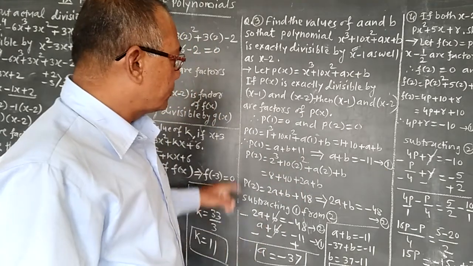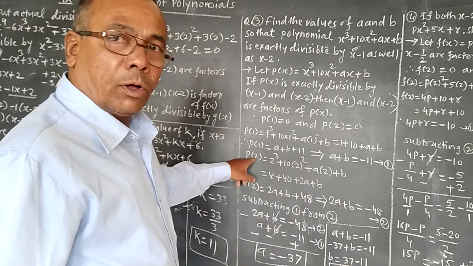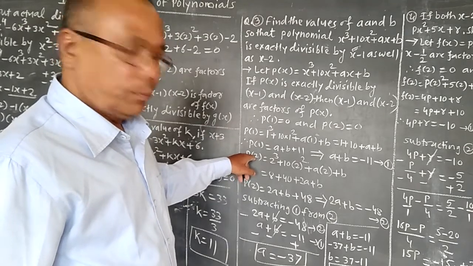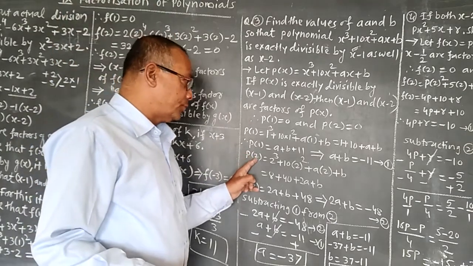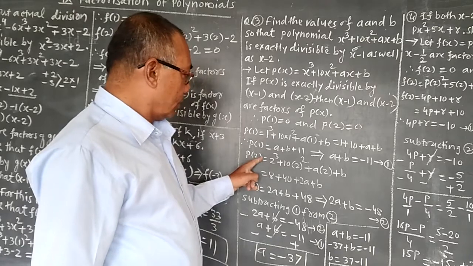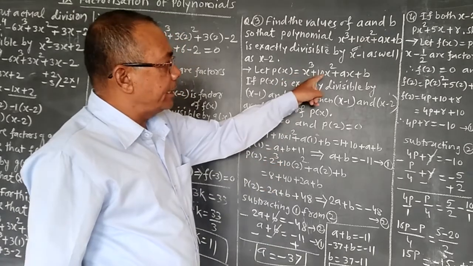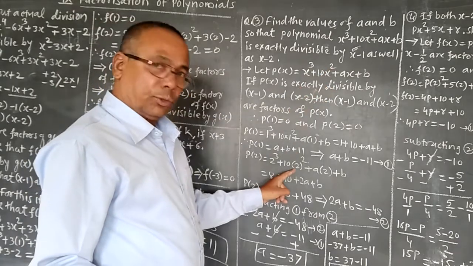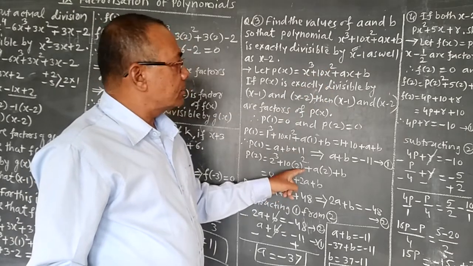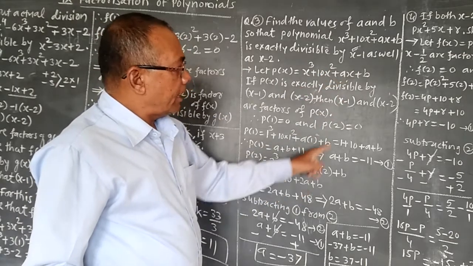Here substituting the value of x is equal to 2. So we will get p(2) is equal to 2 cube, because x cube is there, so 2 cube plus 10 into 2 square plus a into 2 and plus b.